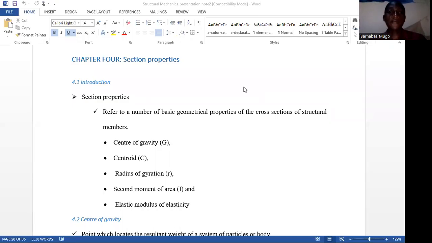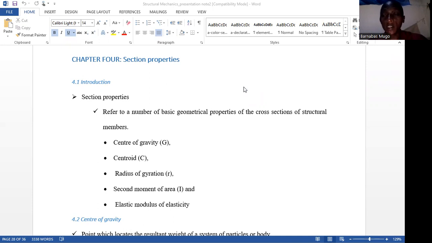So our fourth topic is to do with the sectional properties of the materials. When we are doing the sectional properties of the material, what we are going to be dealing with is a number of basic geometric properties of the cross-section of the structural members.